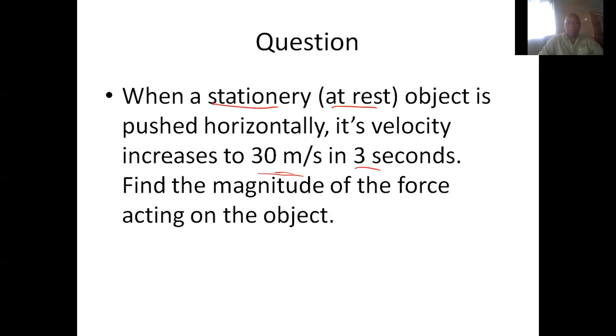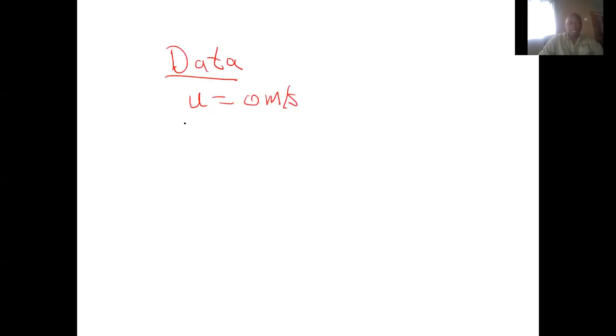After the object starts moving horizontally, the velocity increases to 30 meters per second, meaning that our final velocity is 30 meters per second. The time it took to increase this velocity from 0 to 30 was 3 seconds.